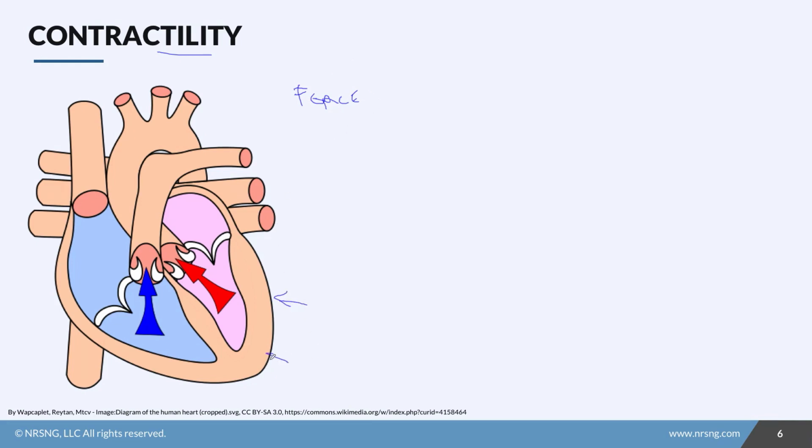How much force are these ventricles using when they contract? Now, if we find the heart is working too hard and we want to decrease the force of contraction, we could give things like negative inotropes, something like a beta blocker, or we give calcium channel blockers or CCBs.